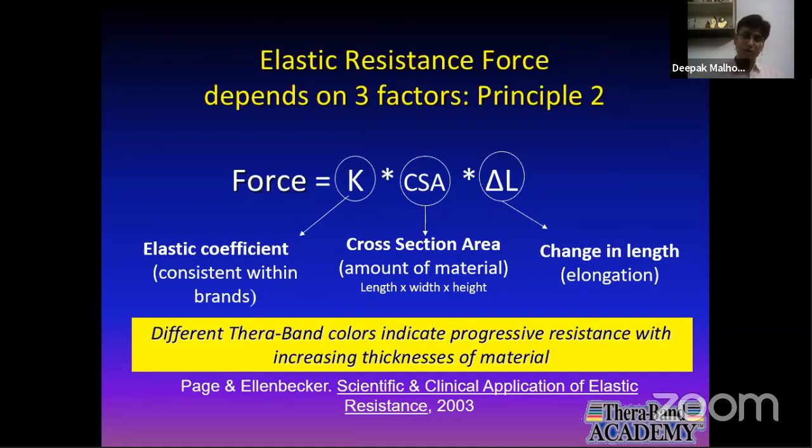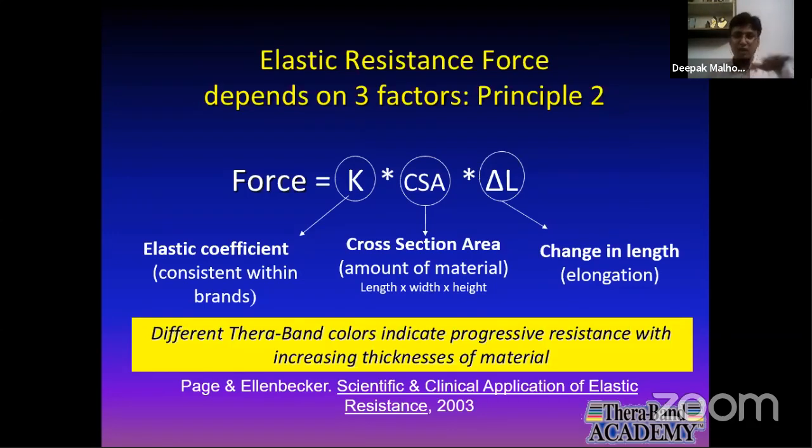Now, different Thera-Band colors indicate progressive resistance with increasing thickness of material. Thera-Band has a very systematic system of progressive resistance. There are various color codings for different bands, which will tell you how you are progressing when you are using a particular band. So the color coding goes like this.